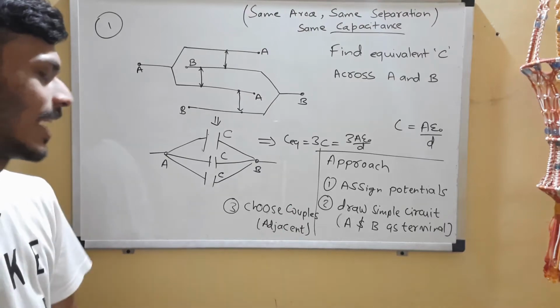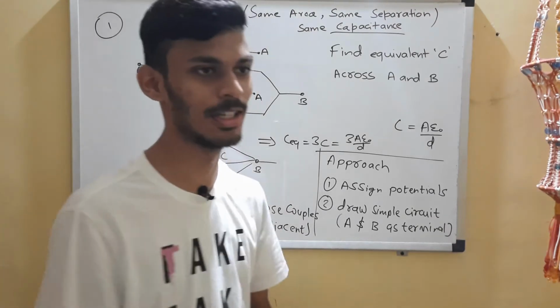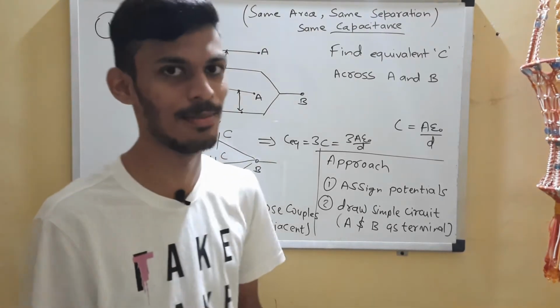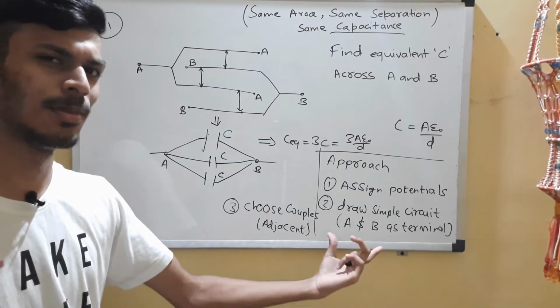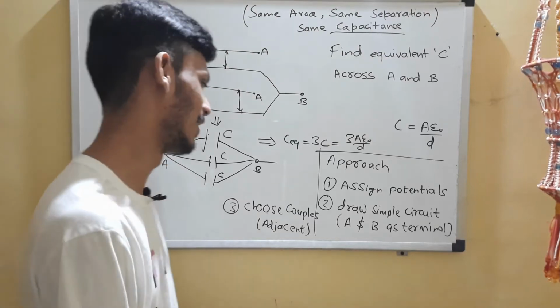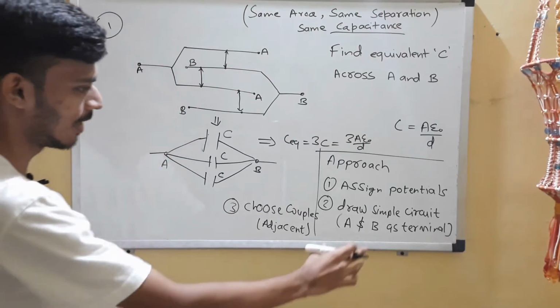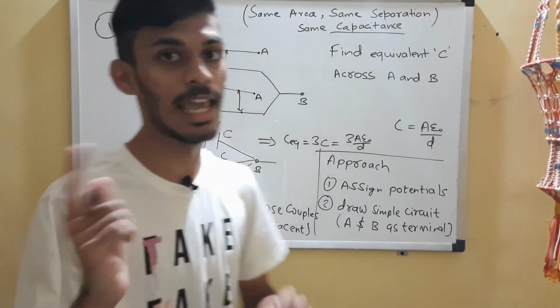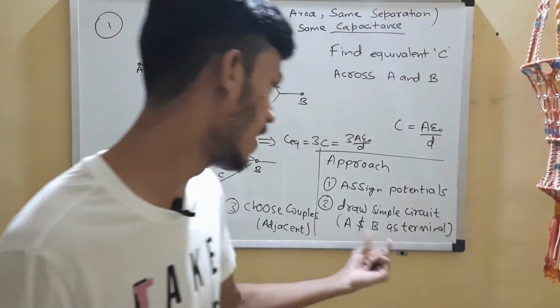Second thing, draw a simple circuit. Now this is something which we don't understand. We don't know what is in series and what is in parallel, so we have to draw a simple circuit which you and I understand. That is what I keep on saying. The way to draw this circuit is to treat A and B as terminals.